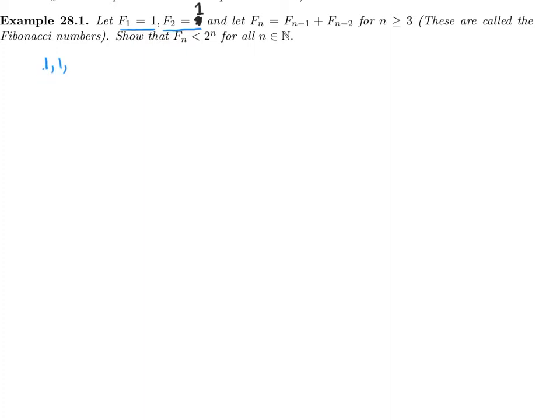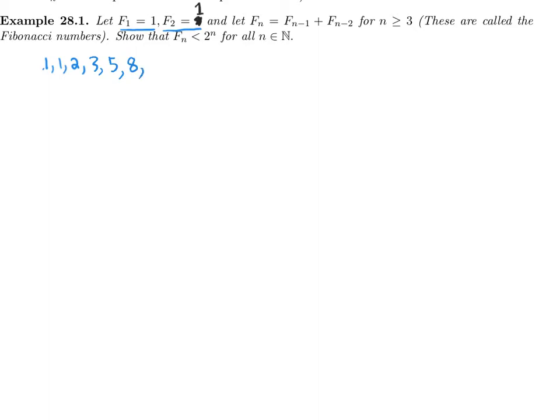So here is F1, here is F2, they're given to you. F3 is going to be the sum of the previous two. So 1 plus 1 is 2. F4, the previous two, 2 plus 1 is 3. F5, 3 plus 2 is 5. F6, 5 plus 3 is 8.